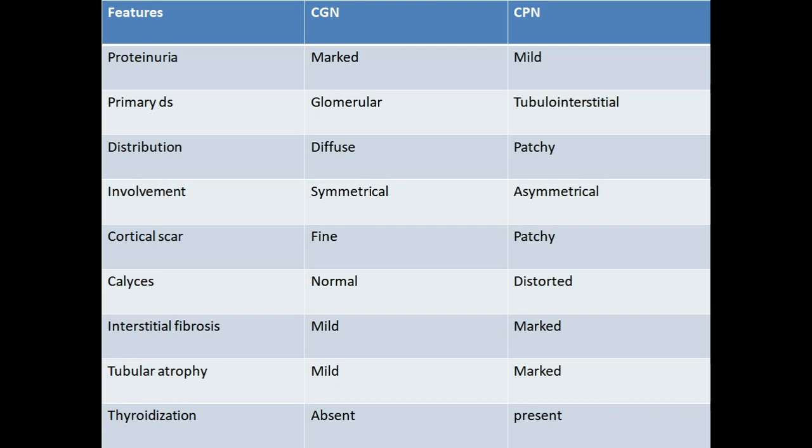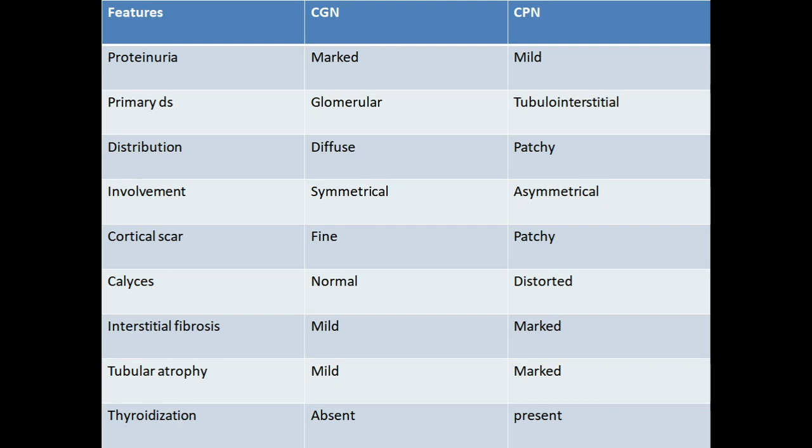I have already told you that in various types of glomerulonephritis there is injury to the basement membrane, which causes proteinuria. So proteinuria is marked in glomerular origin, while in pyelonephritis it is mild. The primary disease in chronic glomerulonephritis is glomerular in origin, while in chronic pyelonephritis it is tubulointerstitial.